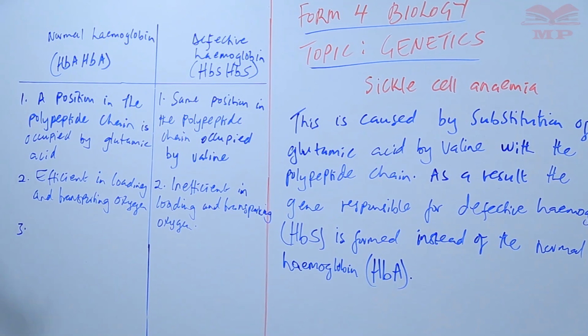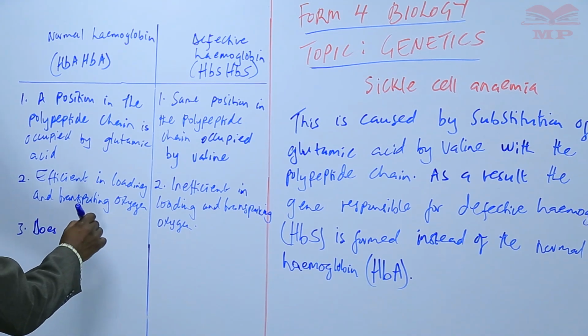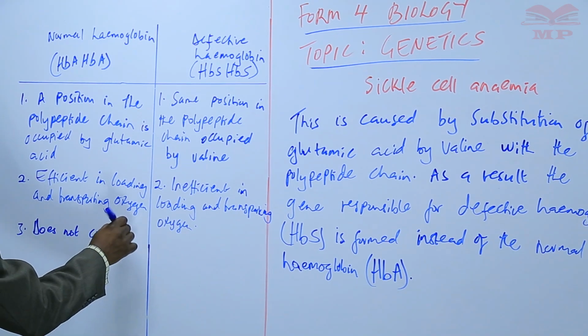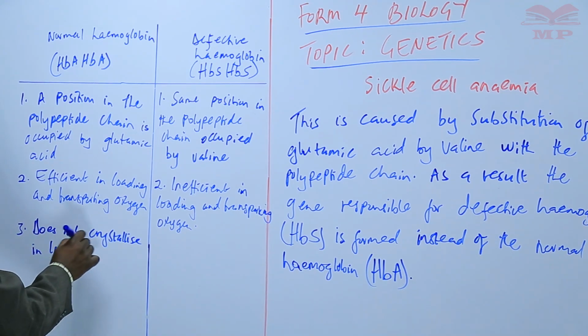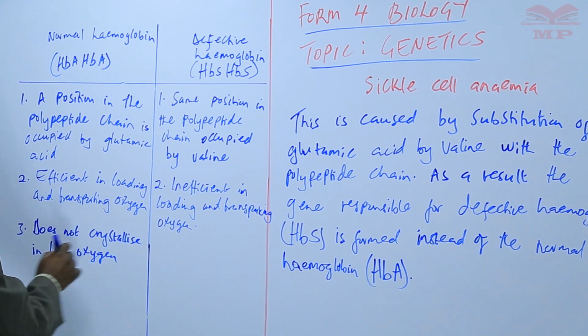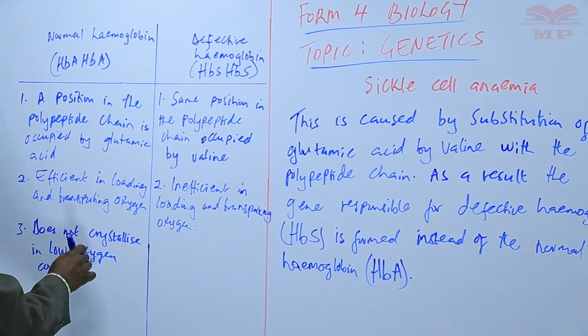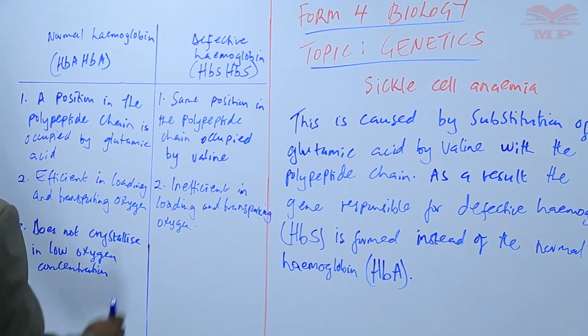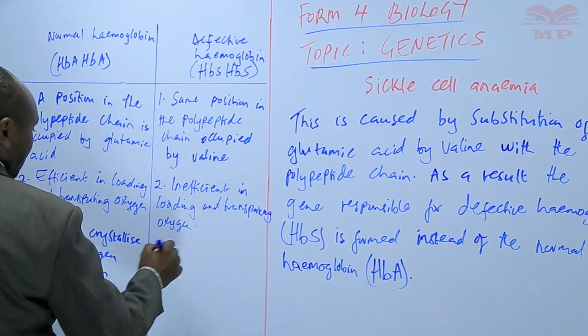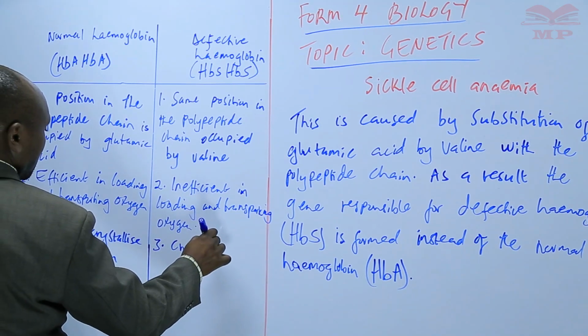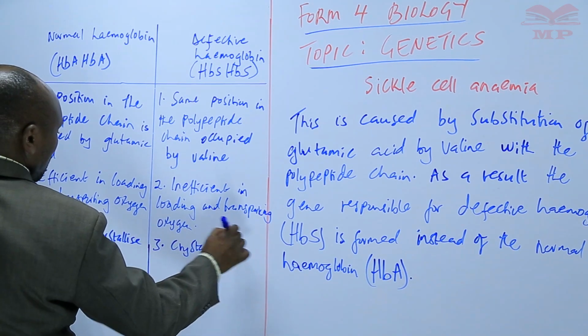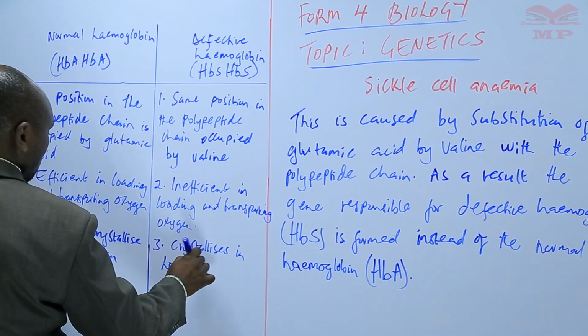Number 3, normal hemoglobin does not crystallize in low oxygen concentration, but the defective one crystallizes in low oxygen concentration.